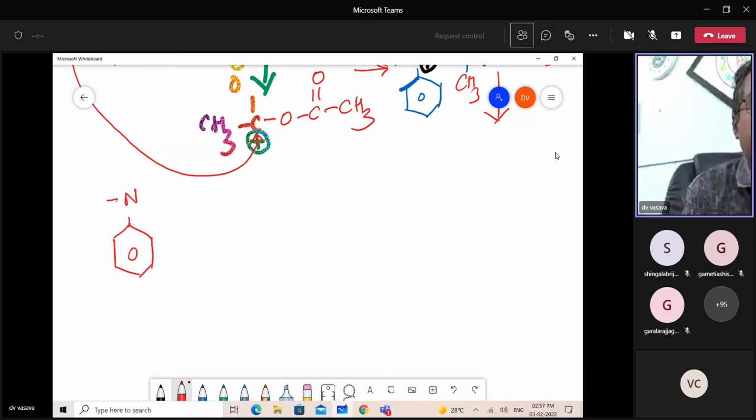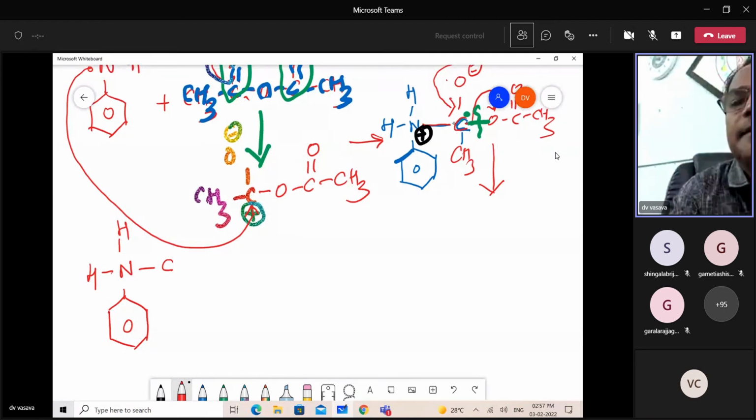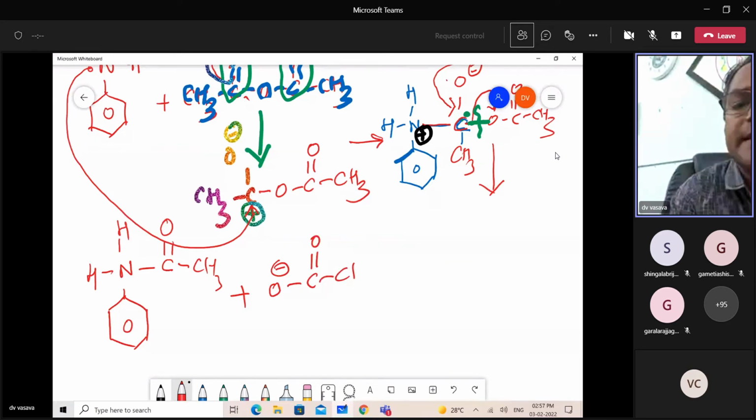So this is the condition: H and C, here I am writing this part C. Now oxygen has shared its electron, so C double bond O is developed here, with CH3. And the other portion is O minus, C double bond O and CH3.